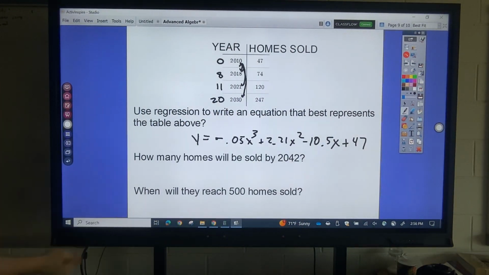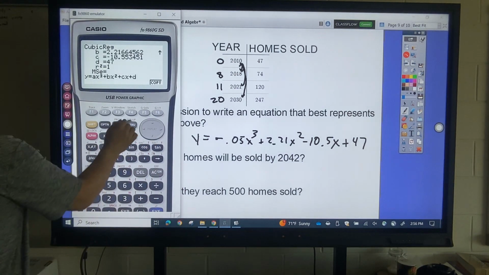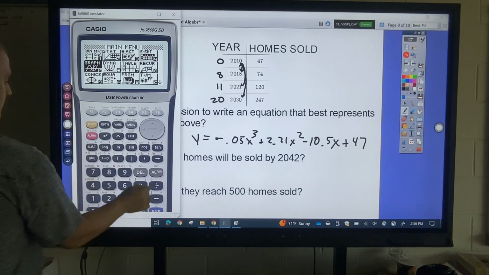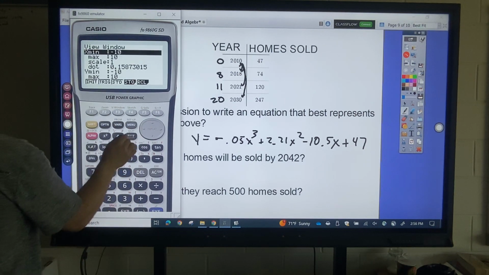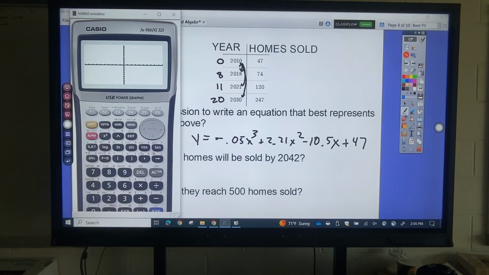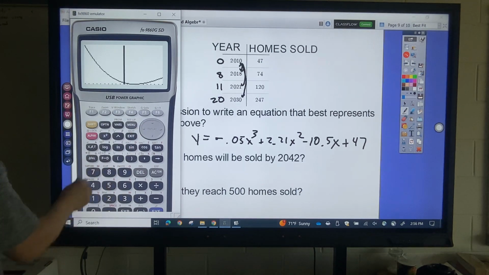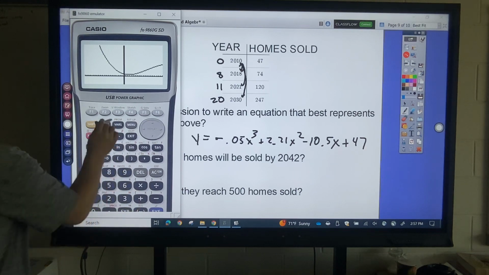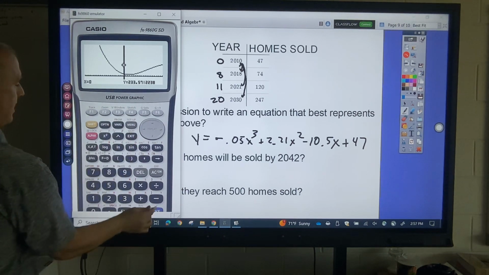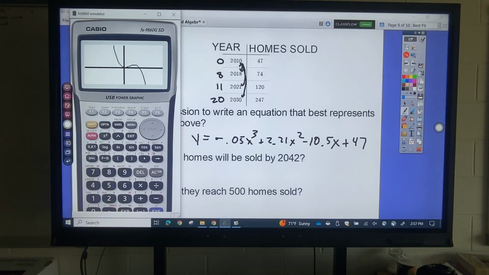Let's go copy, execute, menu and graph. Select, draw. I'm going to hit F3 twice. Then zoom auto, then zoom out, execute, zoom out, execute, zoom out, execute.